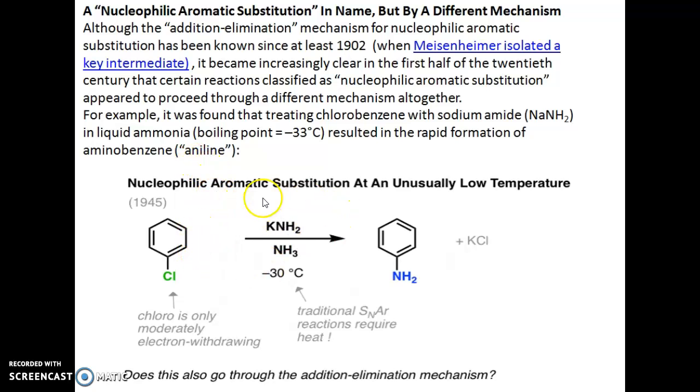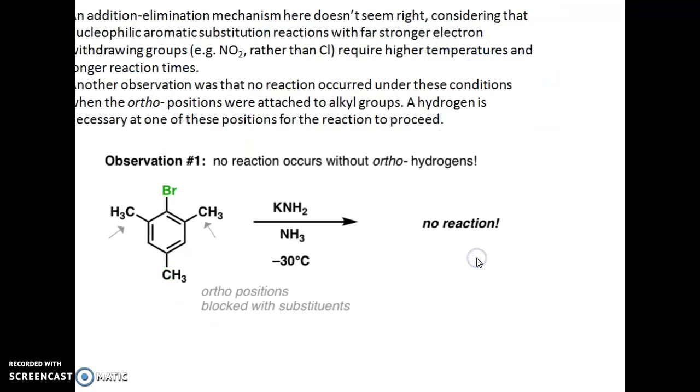This is also a kind of nucleophilic aromatic substitution at a low temperature, less than 0 degrees, minus 30 degrees, in the presence of potassium amide and liquid ammonia as the solvent. The leaving group in chlorobenzene is replaced by the NH2 group along with the formation of potassium chloride.